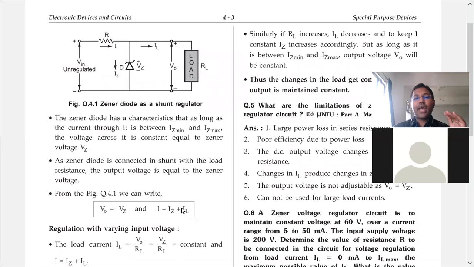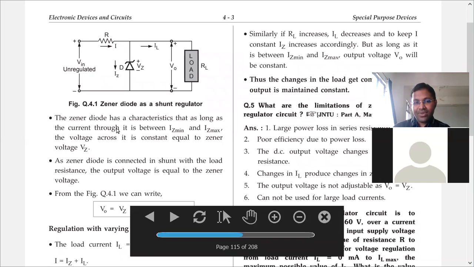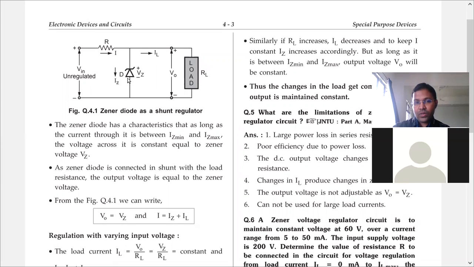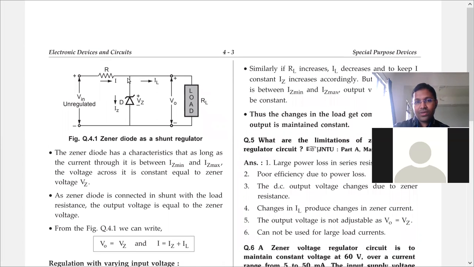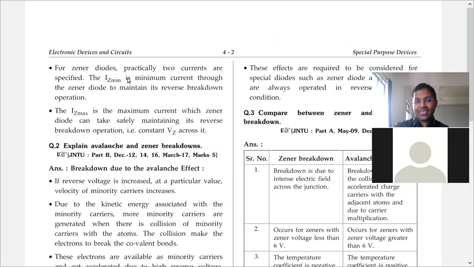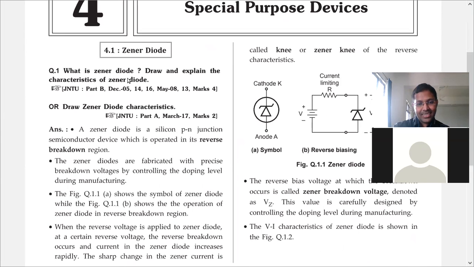So what exactly happens in this circuit is, when V increases, I increases. When I increases, Iz increases. And we know the property of the Zener diode: although Iz increases, still it can maintain constant voltage.